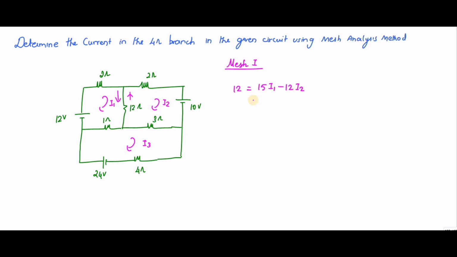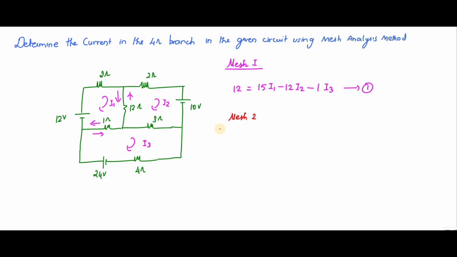Therefore I have to substitute minus 12 of I2, since I1 is flowing downwards and I2 is upward. Now the I1 current is flowing in this direction and the I3 current in this direction, so both are opposite, and I can write minus 1 of I3. This is my first equation.